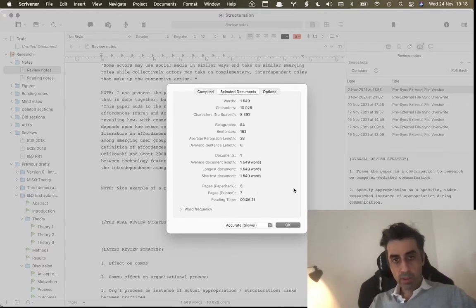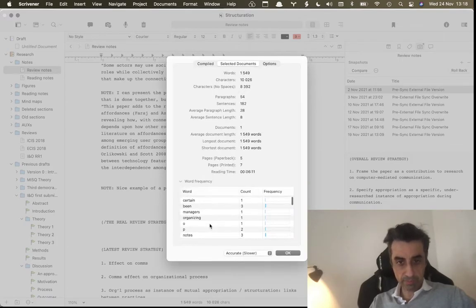Okay. Now there's a little thing that people don't see here, but something that is really cool is this allows you to check on your writing quality as well. It has the frequency count for words, and you can order it from the highest to lowest.